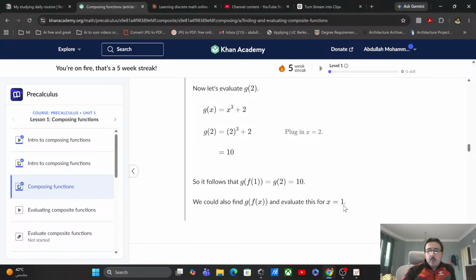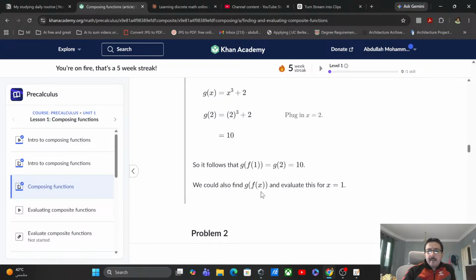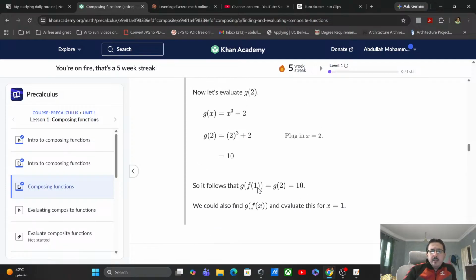For x equal 1, which is what I'm interested in.